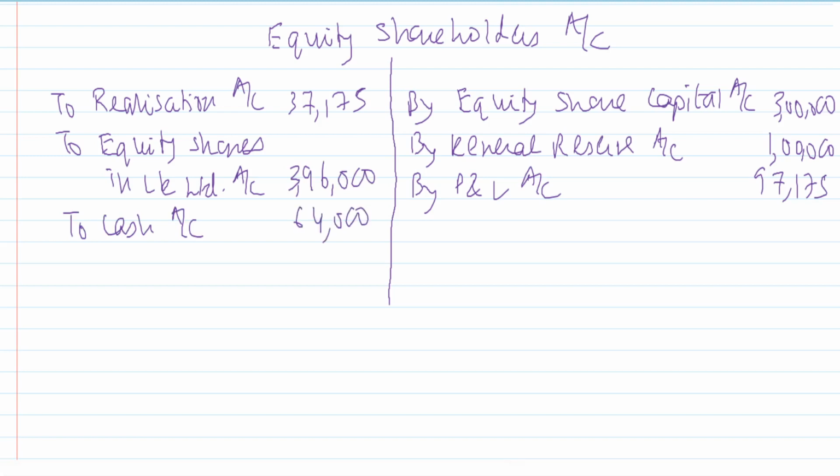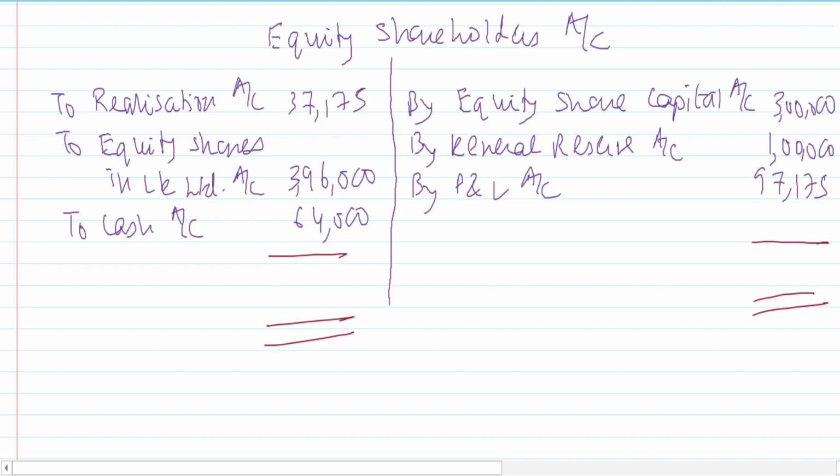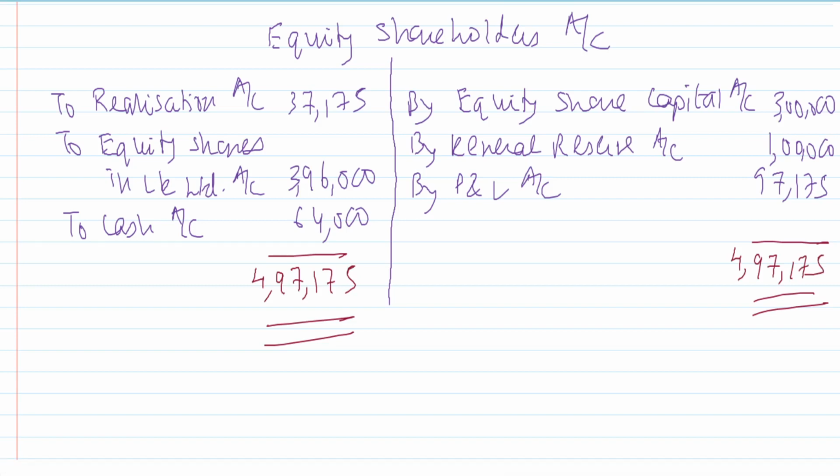If everything is right, the two totals will match and it will get closed. It indeed closes. So that is the final settlement of the equity shareholders. It closes the books of L Limited.